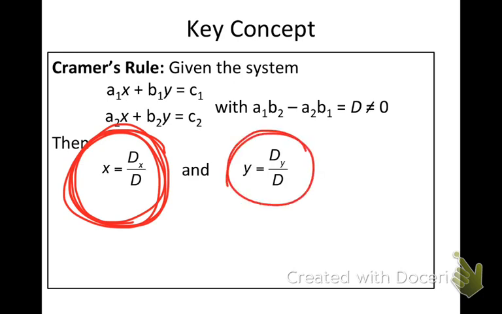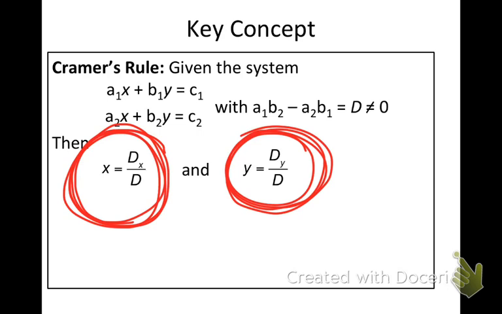To solve for your y, you take the determinant of that d sub y matrix that you create and divide it by the determinant of your coefficient matrix, and that gets you your y value. So then you'll have your ordered pair x comma y as your solution.